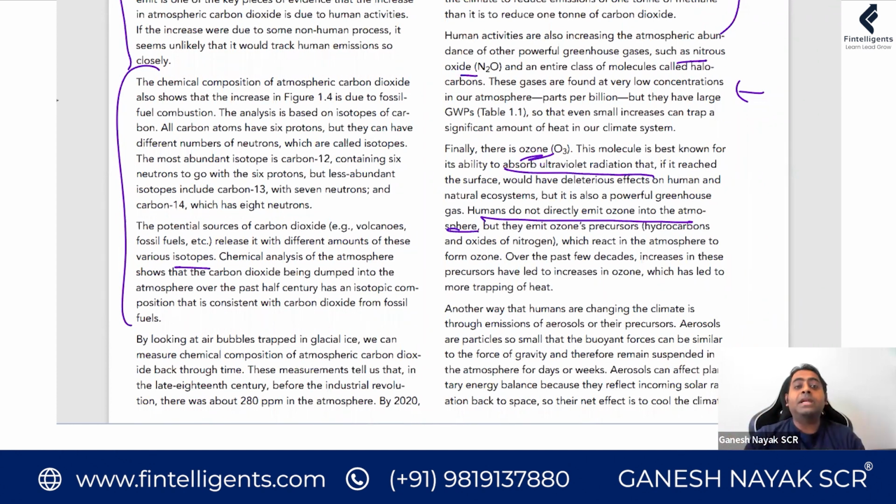When they combine together, they can create an ozone molecule. That is what they want to highlight. And if there is a higher number of ozone molecules in our internal atmosphere, it leads to higher trapping of heat. So when we talk about the ozone layer, it is outside our atmosphere. But if we have more ozone within our atmosphere, it will trap more and more heat. That is also an impact.